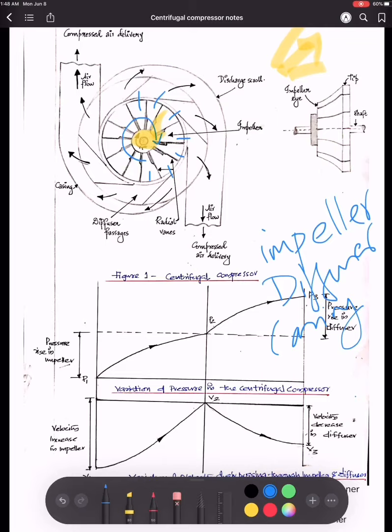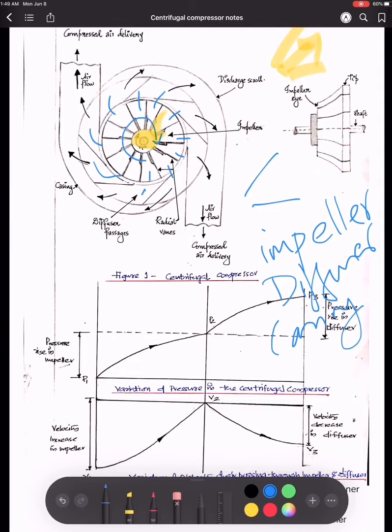When the air flows through it, there is a rise in its static pressure because of the increase in momentum of the air, and there will also be an increase in its temperature and velocity. With this high static pressure and increased velocity, the air will move into the diffuser blades as shown in the figure. Since they are of diverging shape, what happens when the area increases?